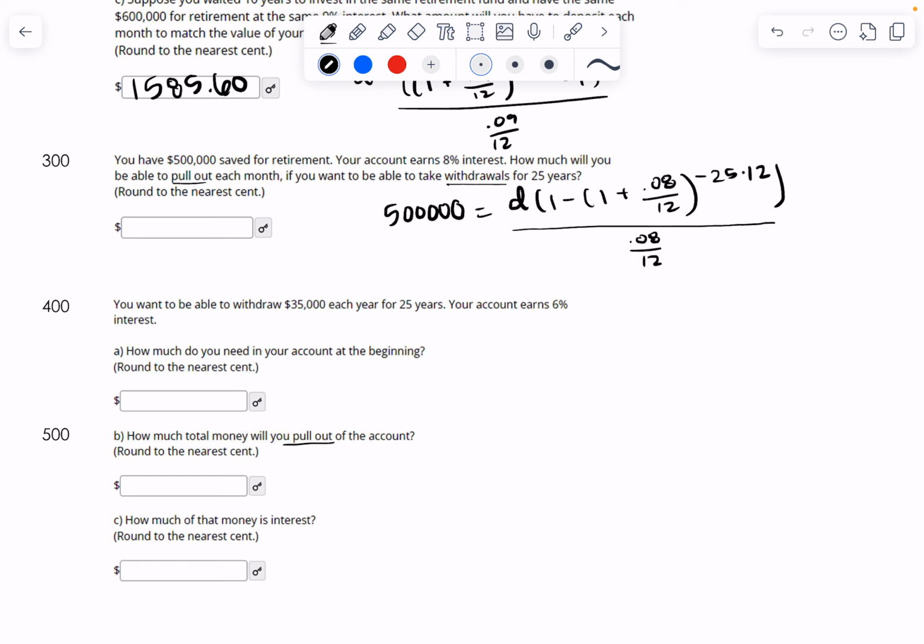And then we do the same thing. We divide. So we would do 500,000 divided by this whole big fraction. And you should get D equals $3,859.08. And that's it for that question. That's how much you would be able to pull out from that retirement account each month.